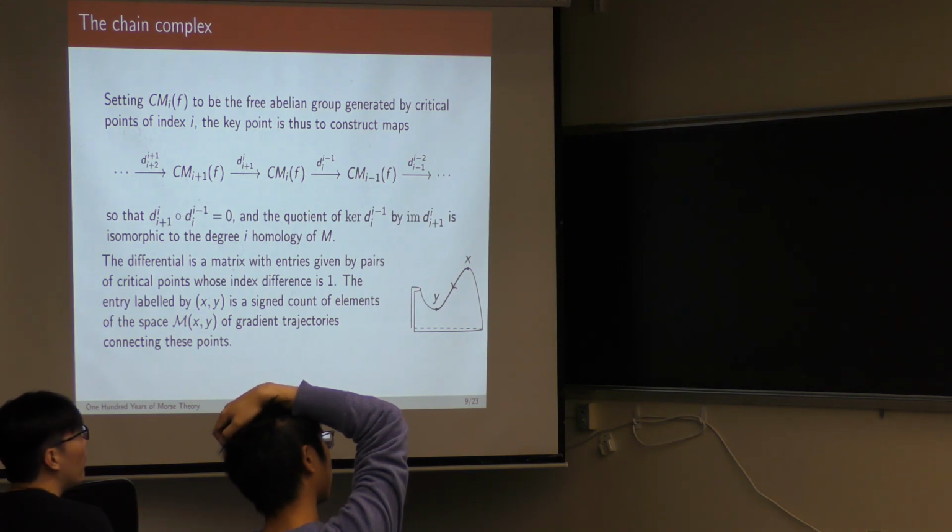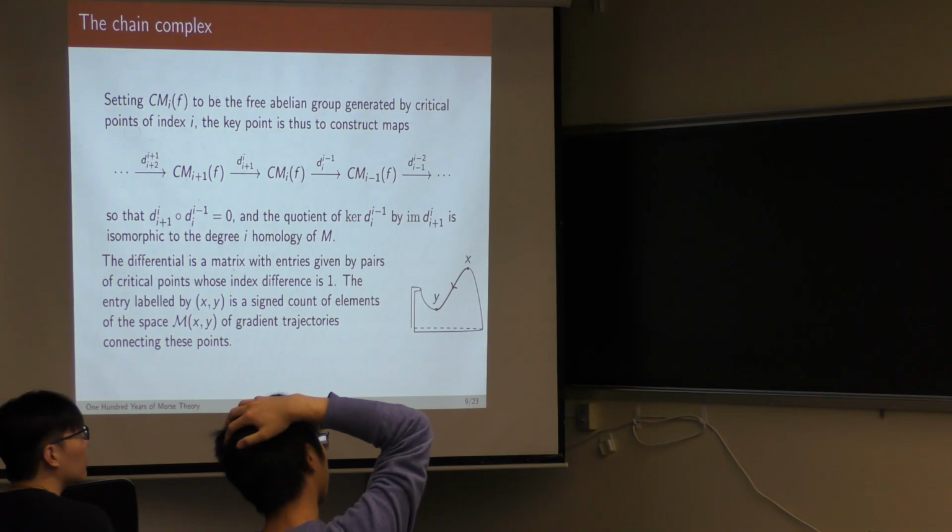So over here you have the index i critical points, and here you have the index i minus 1 points. And so for every pair x and y, I need a number.